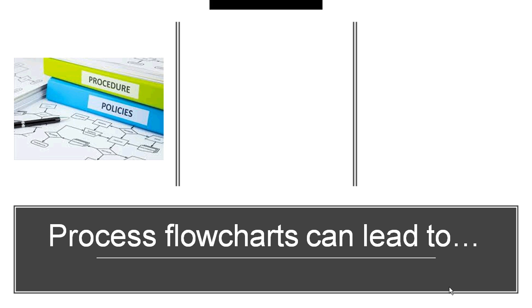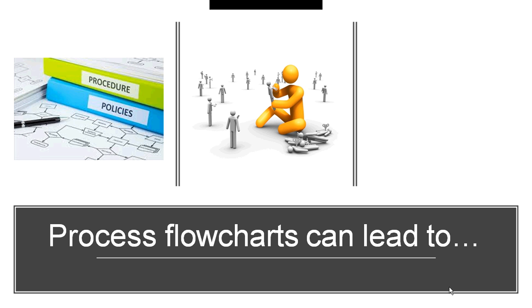So process flowcharts can lead to, as we said before, our policies and procedures. So once we've outlined what this process looks like specifically for HIV testing that we just went through, we can now sit down and write our procedural manual when it comes to HIV testing using our SNS program. It is also going to help us when it comes to calculating our staff needs.